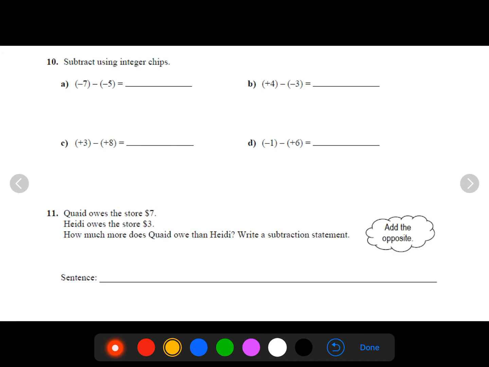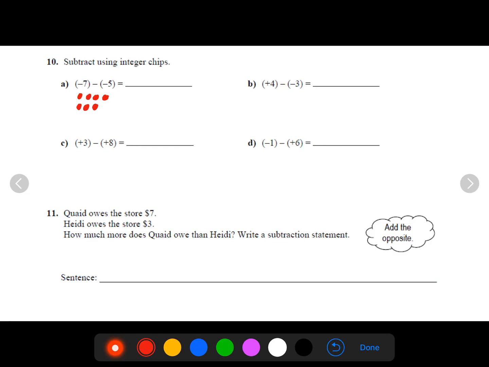Number 10, subtract using integer chips. All right. I've got 7 negative chips. 1, 2, 3, 4, 5, 6, 7. And then I'm taking away 5 negative chips.